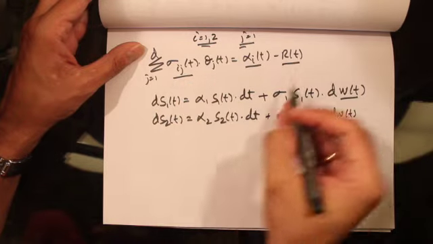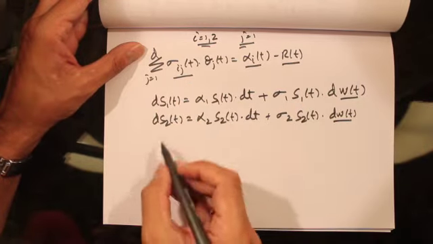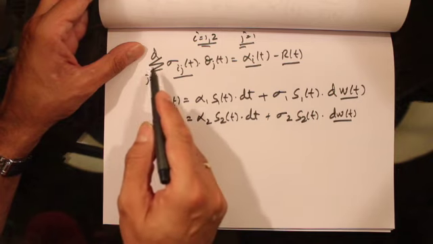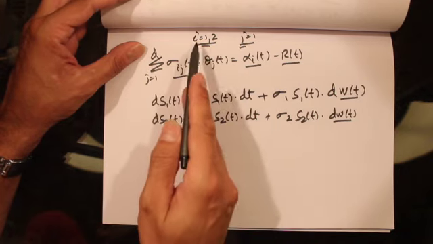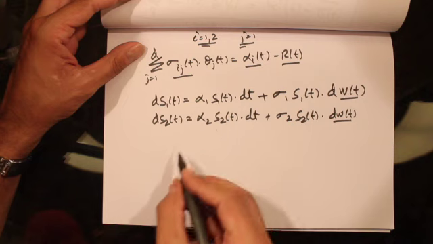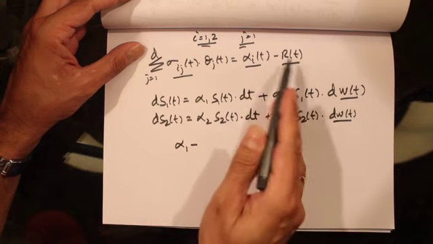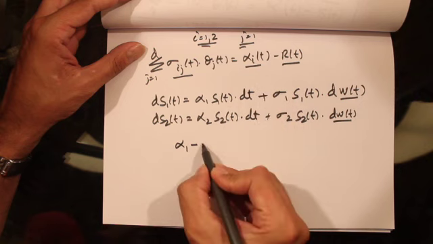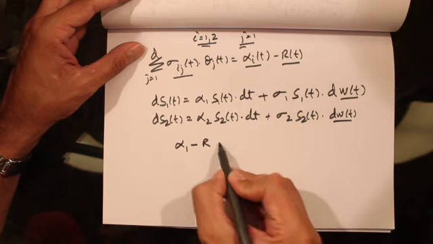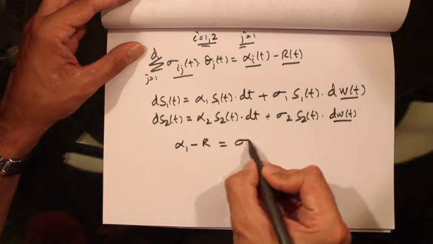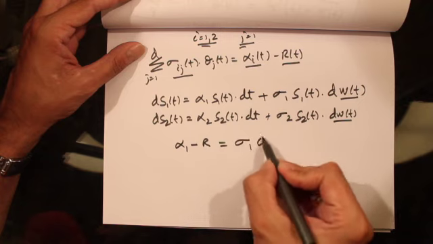Now we can rewrite these market price of risk equations right here. This gives us two equations because i goes from 1 to 2, and the equations are going to be alpha 1 minus r, I said the interest rate is also constant, let's say it's equal to r, equal to sigma 1 theta.